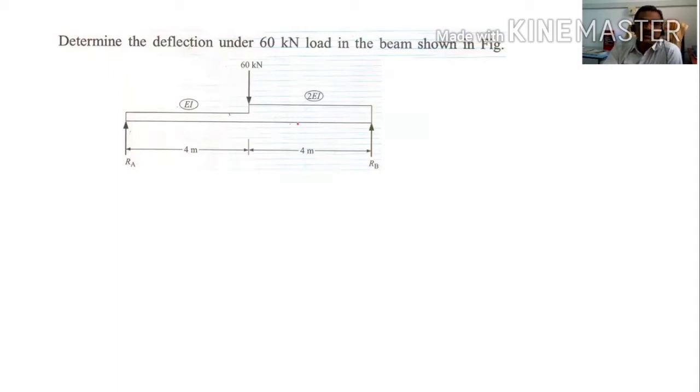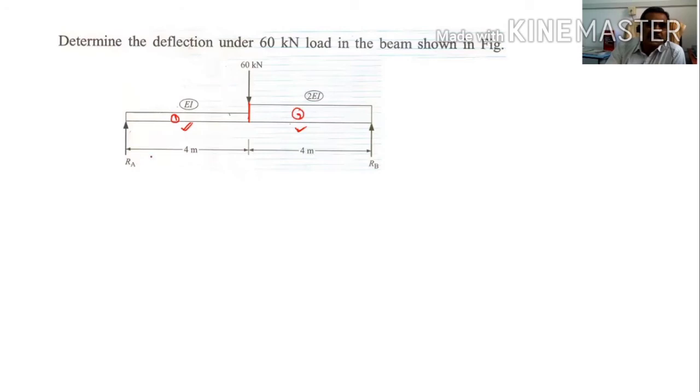Now what we are going to do is divide this beam into two beams. This is beam 1, this is beam 2. I am going to calculate the energy stored by beam 1 and beam 2. Both are the same beam only, but for our calculation purpose, we are dividing it into two sections, section 1 and section 2.